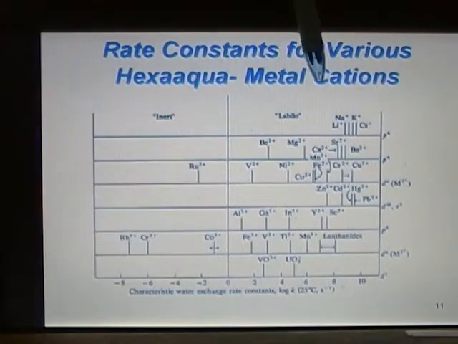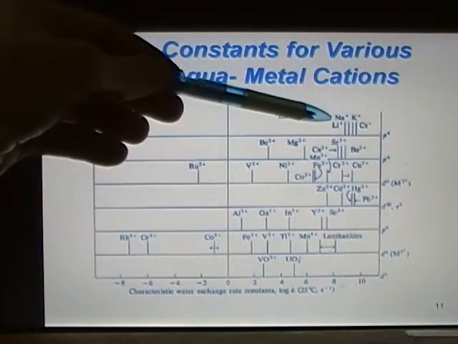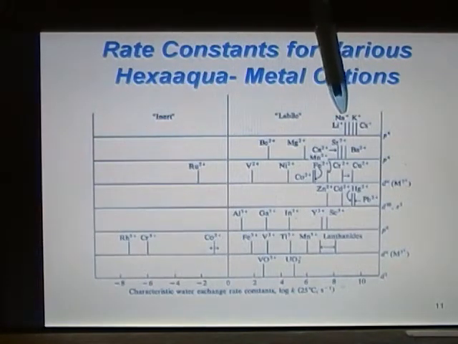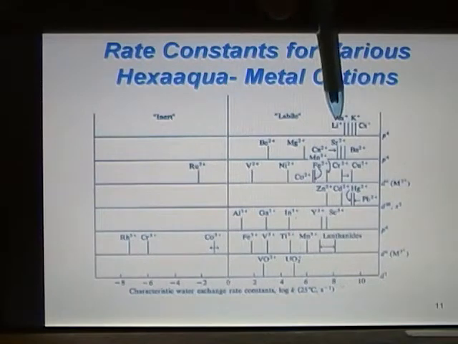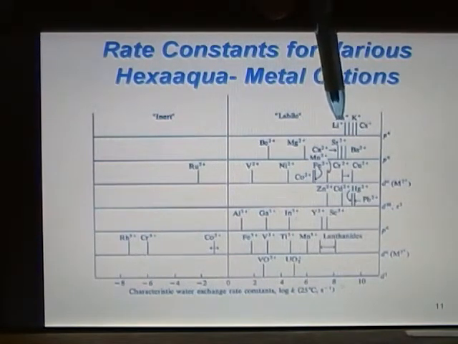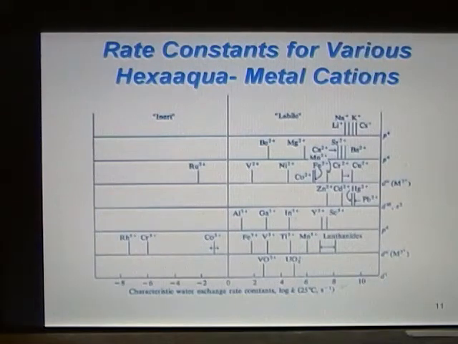As you go down the group, notice that the rate constant increases as the cation gets larger. That means the metal complex becomes more labile. Lithium 1+, when surrounded by 6 waters, is not as reactive as cesium 1+, surrounded by 6 waters.